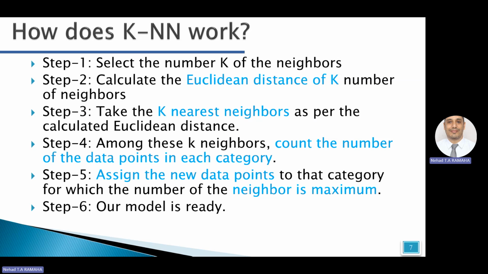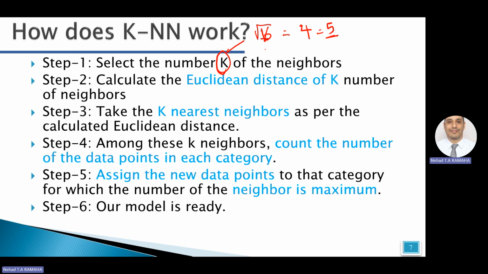This is the algorithm. First step, select the number of neighbors. So we should identify K. K is usually the square root of the number of elements in the training set. So if we have 16 in the training set, it's equal to 4, but it's better to take it as 5.